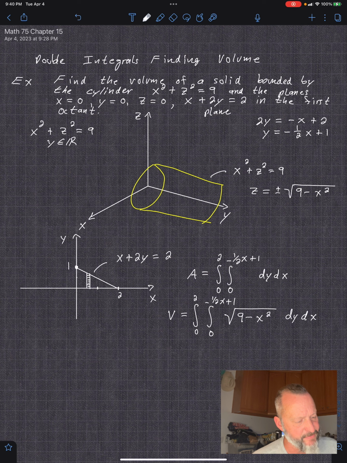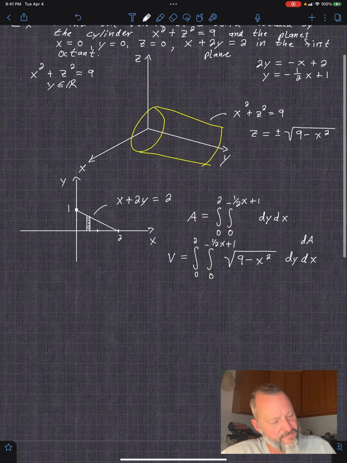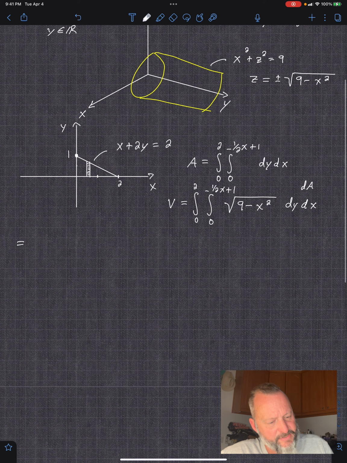Sometimes you can say right here dA. Just want to point that out. But that's the right order of the integration. And then we evaluate. I did a little bit of this. Well, it's with respect to y first, so it's just y. So I'll do a little bit of evaluation. I won't go through the whole thing, so you can do the rest.